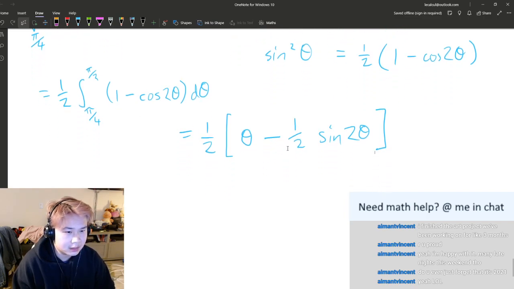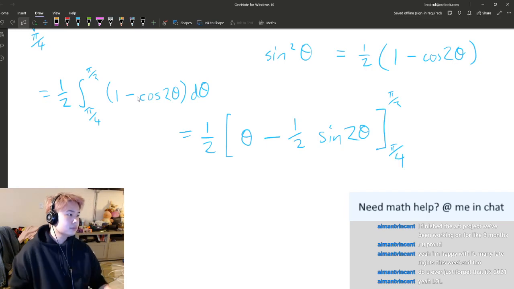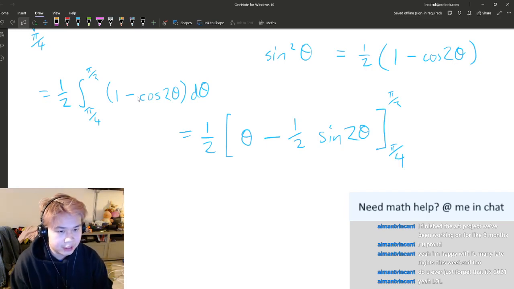And okay, so let me just double check. If I take the integral of this, that's 1. I take the integral of this, I get cosine. And then chain rule, that 2 multiplies with this 1/2 so that I get nothing. Okay. Yeah, okay, and then we're done, basically.